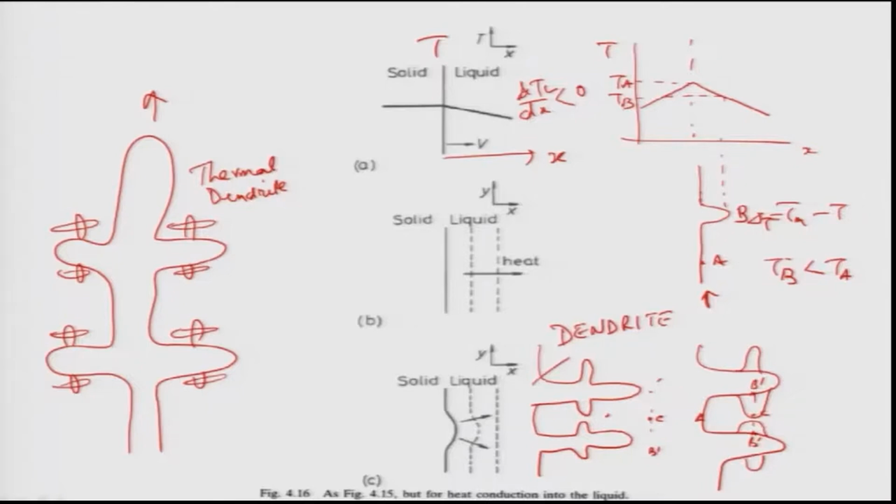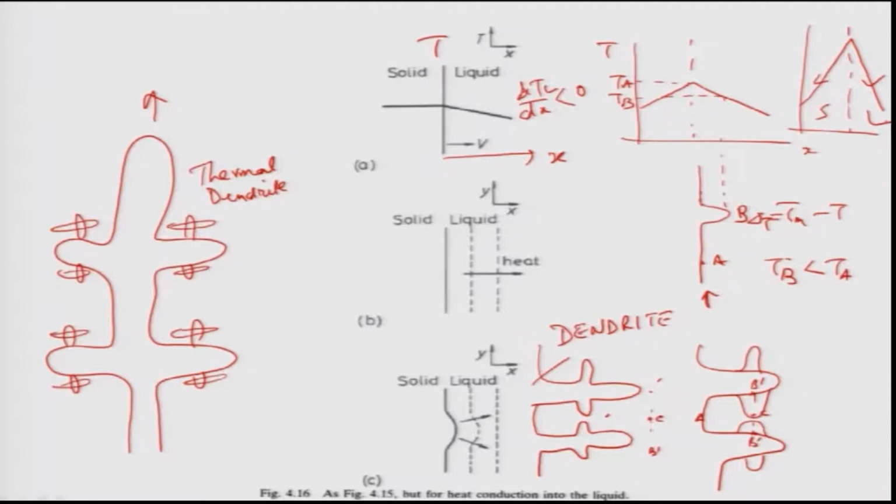Remember, from the liquid to the interface to the solid. Again, if I want more heat transport from the solid to the mold wall, I need a very high temperature gradient. So if I draw a curve like this, the temperature gradients are much higher, both in the liquid and solid. Because of that, the heat transport will be very fast in both, and this will lead to faster growth of dendrites, and that is what is done in rapid solidification.